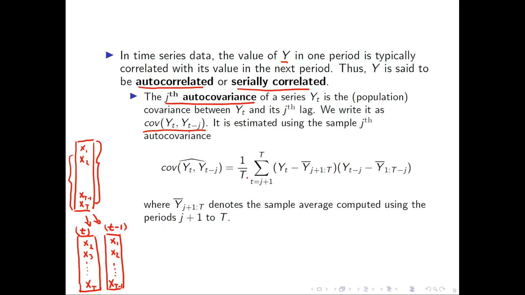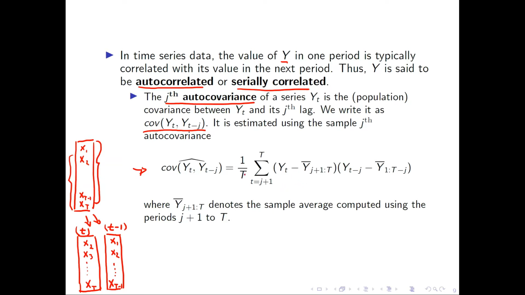And probably some of you have noticed some sloppy notation, which we don't like. And this covariance between the yt and its jth lag is equal to this equation.